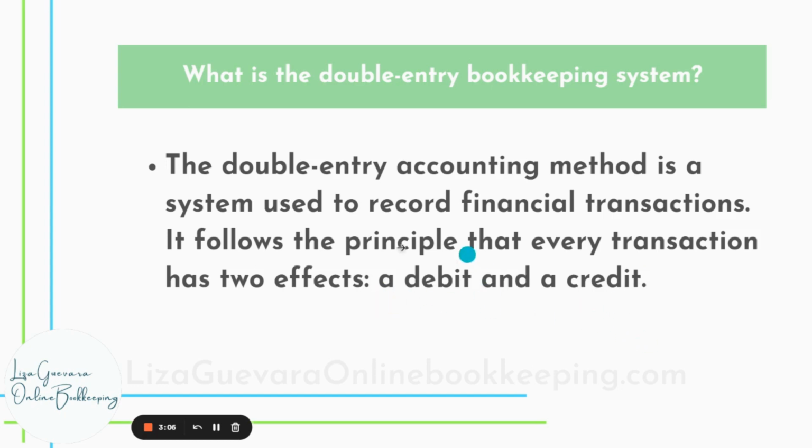The value received is your debit, which is the office supplies, and the value parted with is the cash that you paid for the office supply. So that is in principle the double entry bookkeeping system or accounting method. Every transaction has two effects, the value received and the value parted with, and we call that debit and credit.